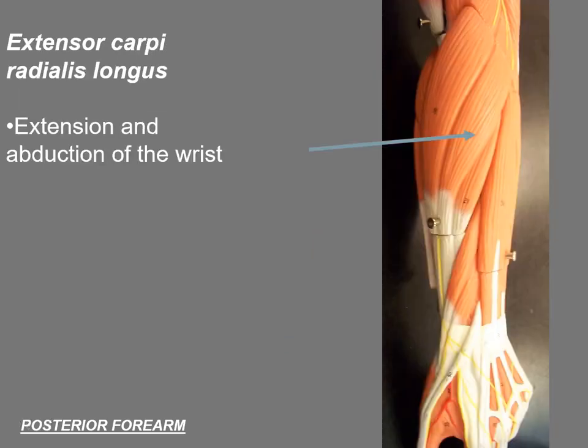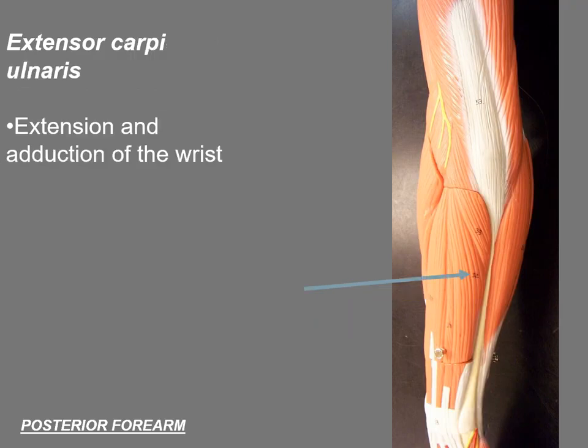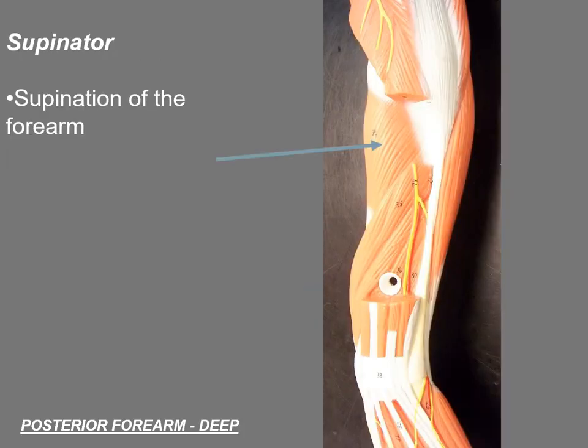Extensor carpi radialis longus. Yes, I know some of these names are long, as in the name. Extensor carpi radialis brevis. The extensor digitorum. Extensor carpi ulnaris. The supinator.